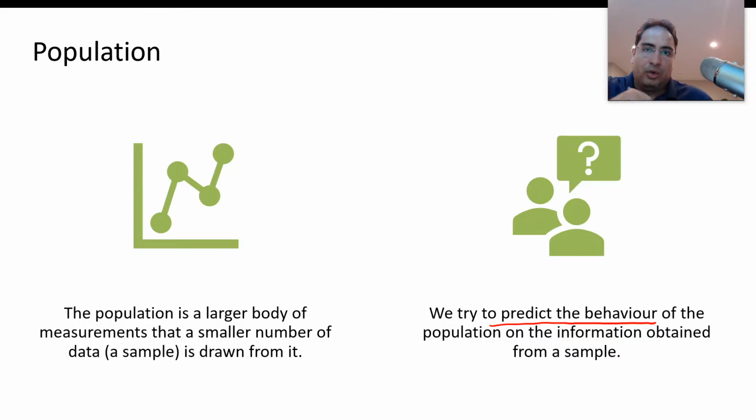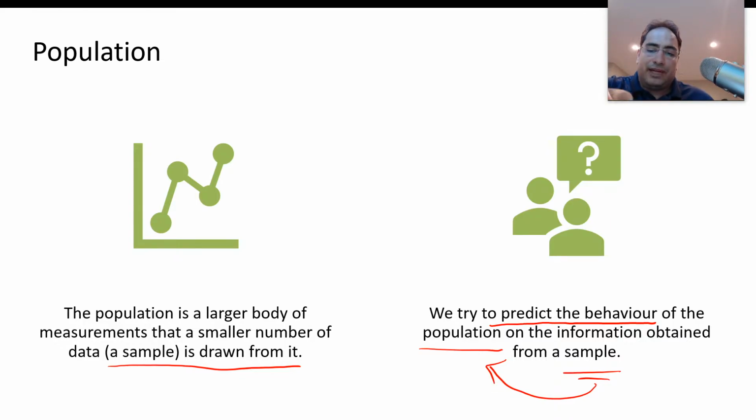So the population is the whole larger body that we want to get some measurements from, but because it's not possible, we draw a sample from that population and we use that information to predict the behavior of that larger population. So we go from one or many samples to the population information.